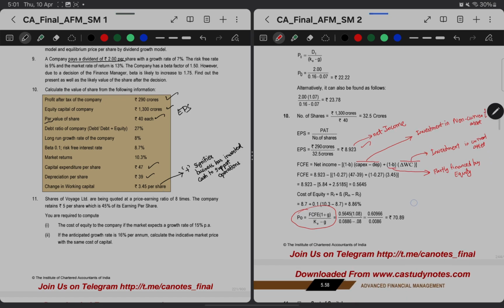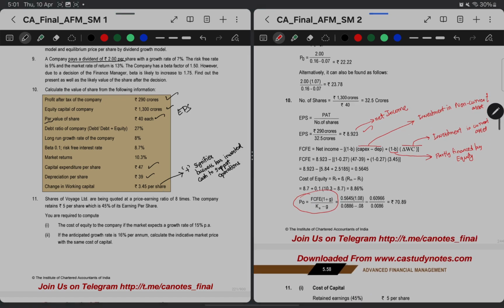So giving effect to this, net income minus, they have taken 1 minus b. What is this 1 minus b? Since in the question they have given the debt ratio of the company as 27%, it is assumed that the company is partly financed by debt. Means whatever expenditure happened, like capital expenditure or changes in working capital, 27% is borne by outsiders, which is the debt lenders.